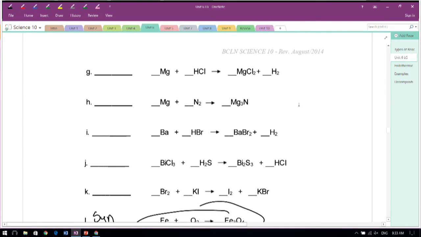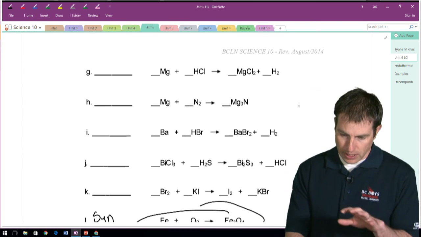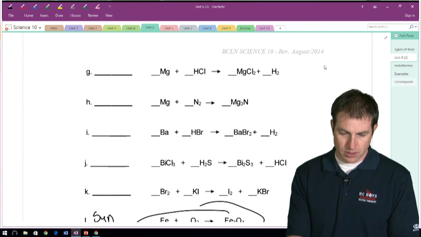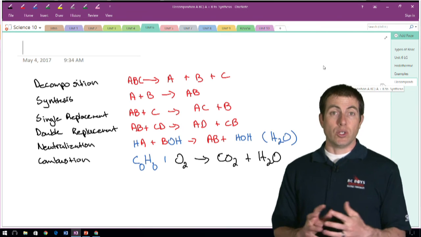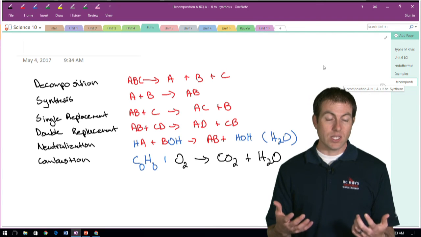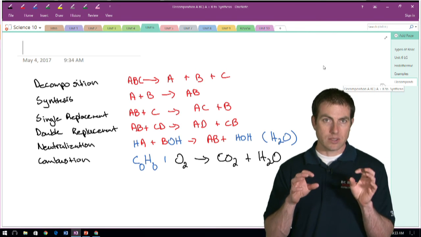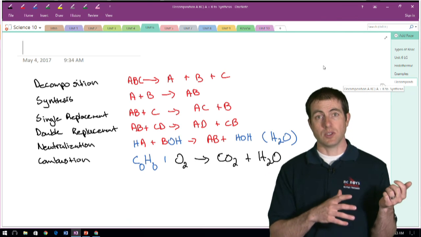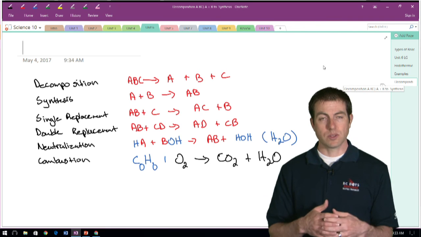All right, so identifying the different types of reactions. We can definitely go through some of these. The idea here is that we take that little table that we had. I kind of summarized everything. So you're trying to figure out what type of reaction it is, and the best way to do this is to look at where the plus signs are, where the arrows are, how many things you're starting with, how many things you're ending with, either elements or compounds.